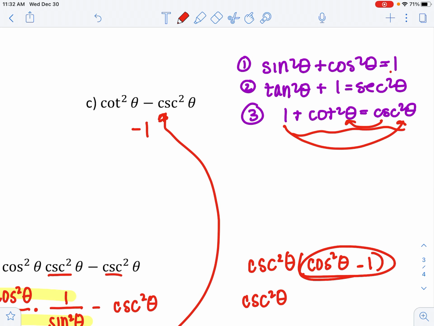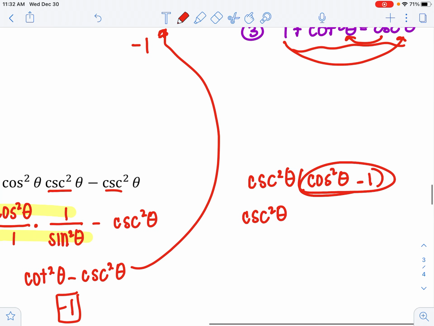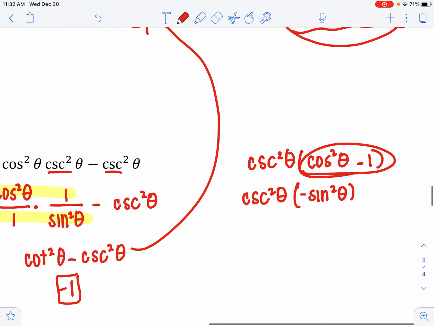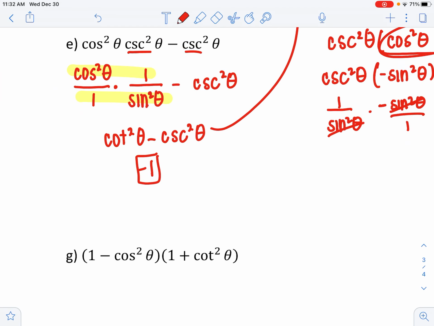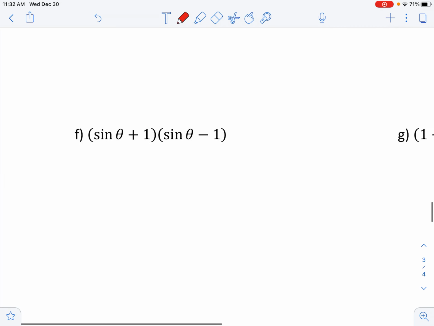So I subtract 1 from both sides, get this on the other side. That's negative sine squared of theta. And then I said I can change this to 1 over sine squared times negative sine squared over 1. Those canceled, and I was left with -1. I like the first way that I did it better.